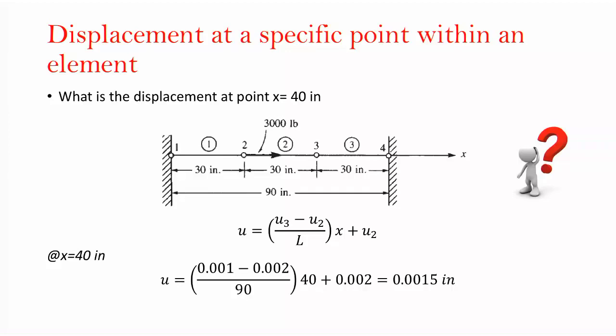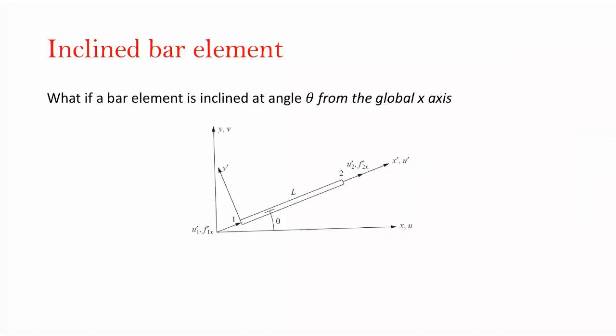Right, so the next topic is, what we learned about deriving the K-matrix was for the bar element, which was positioned horizontally, along the x-axis.